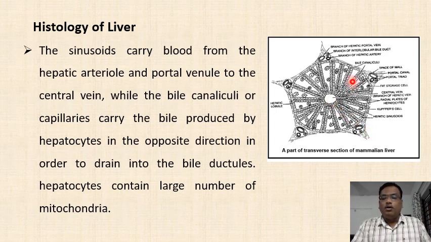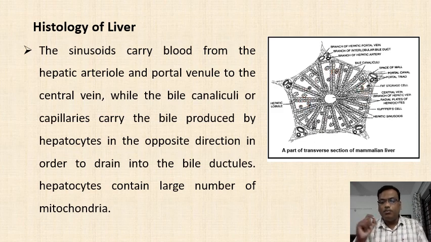Now the hepatocytes have many functions, and one function of hepatocytes is secretion of bile juice. So bile is produced by hepatocytes. The bile secreted by the hepatocytes moves in the opposite direction. The bile juice will move from the hepatocytes of the hepatic lobule towards the hepatic triad, right?